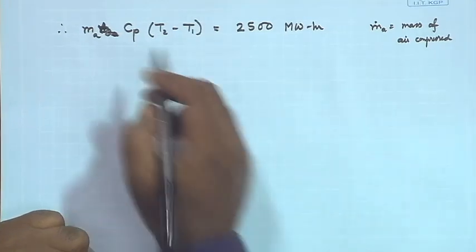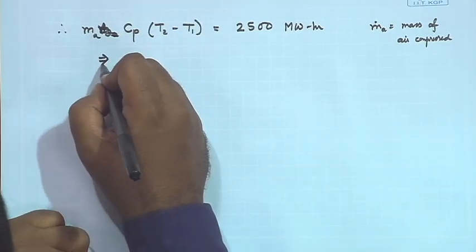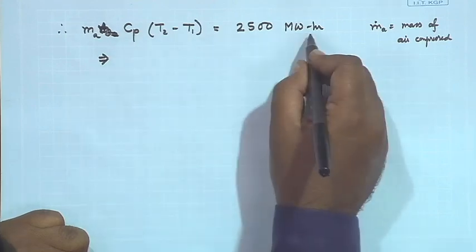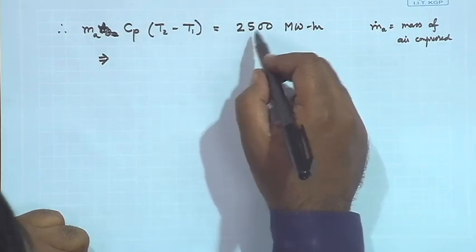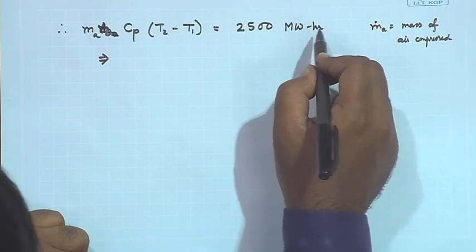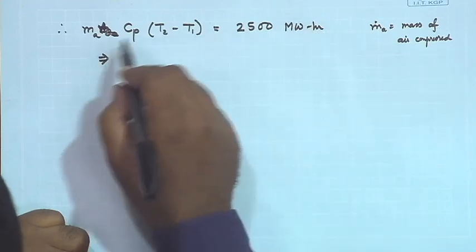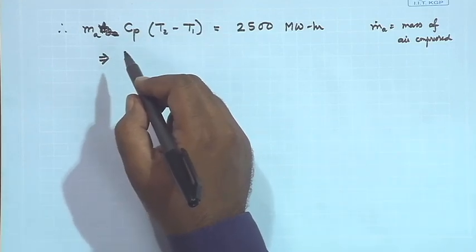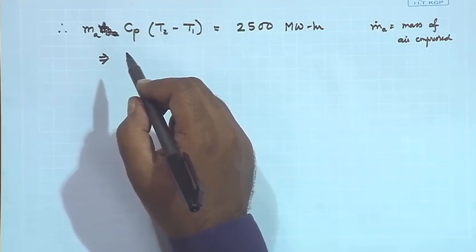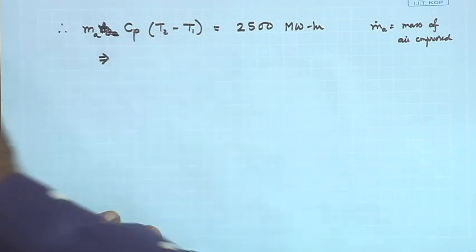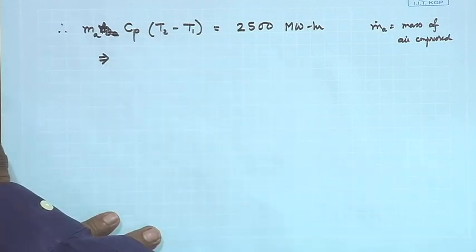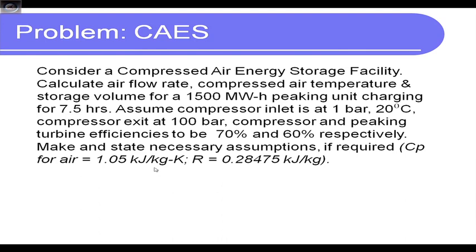Clear? So, if that is the case, I will get, megawatt hour you have to change. So, 2500 times 10 to the power 6 and hours you have to put it as 3600. Cp is given to us, Cp is 1.05 kilojoules per kg Kelvin, that value is given over here in the problem.